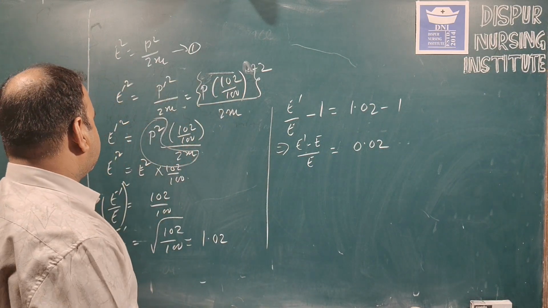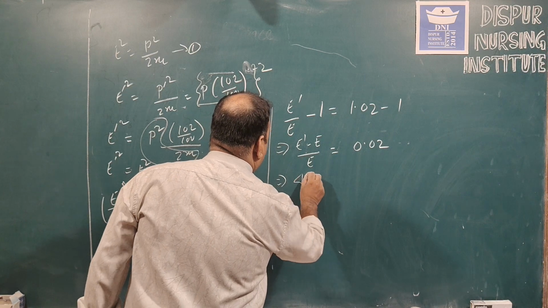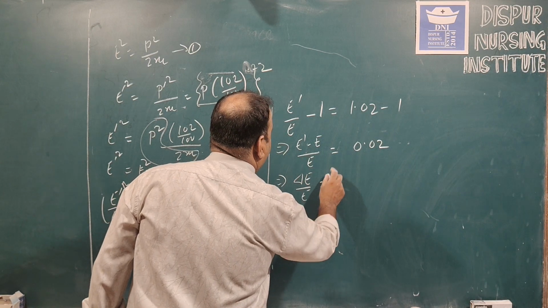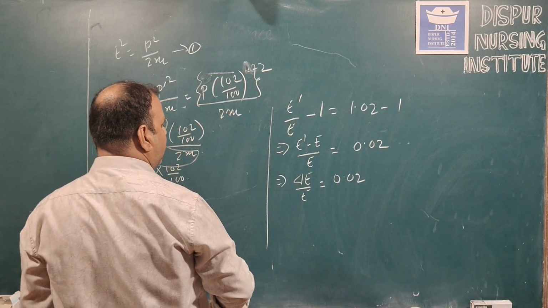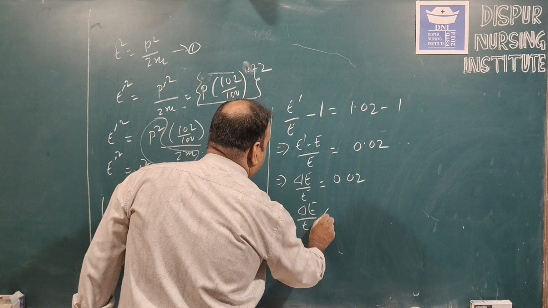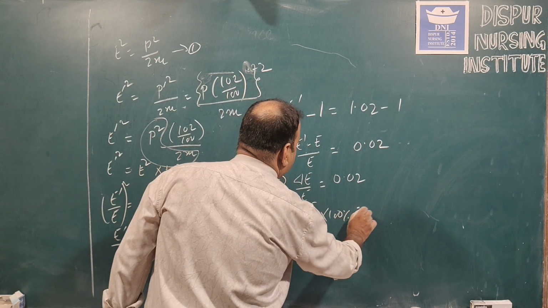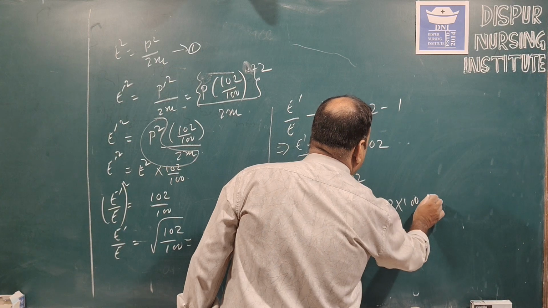In this case we can write delta E divided by E equals 0.02. So if you multiply by 100%, delta E by E multiplied by 100%, it will be 0.02 multiplied by 100%.